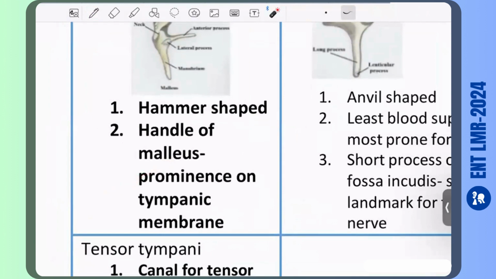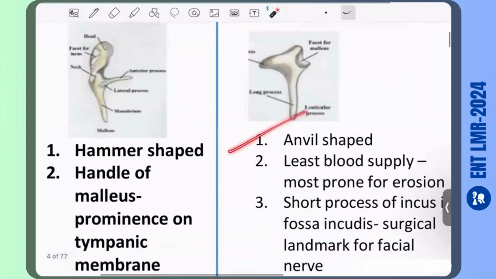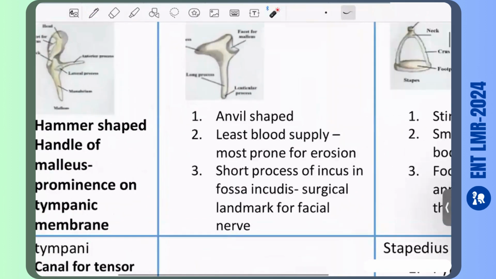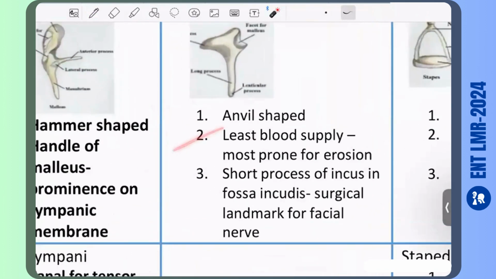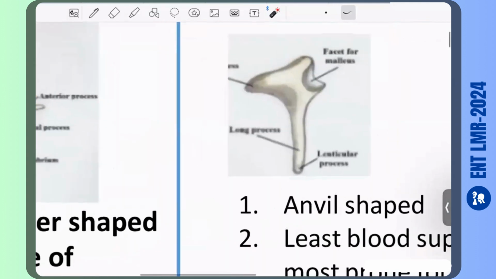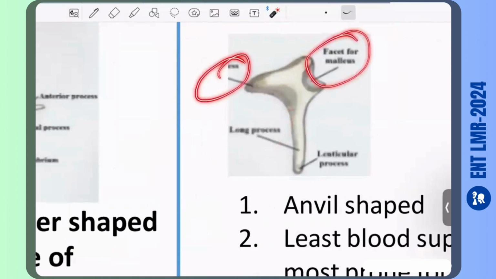Next one. The incus is anvil shaped, and the important point is the incus has the least blood supply among the 3 ossicles because it does not have any muscle attachment and also it is found between 2 ossicles, so it has least blood supply. It is more prone for erosion. Then we have different parts of the incus: long process, short process, body.